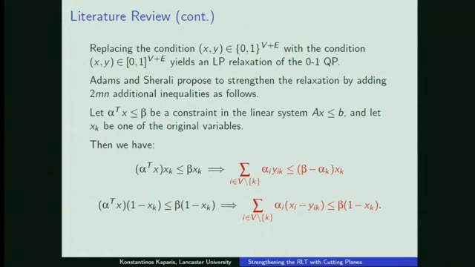Usually, if you take the LP relaxation of this formulation, the bound is very weak. What Sherali and Adams introduced in that paper back in 1986 was a set of polynomial constraints that can be added to this original problem in order to strengthen the bound.